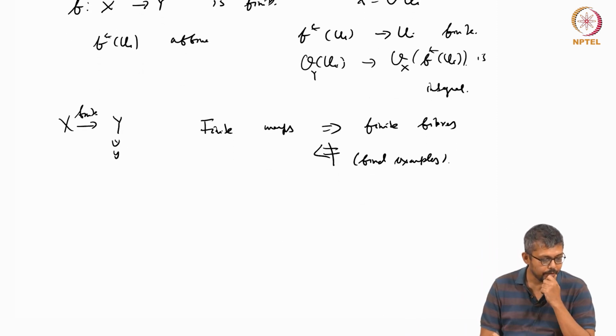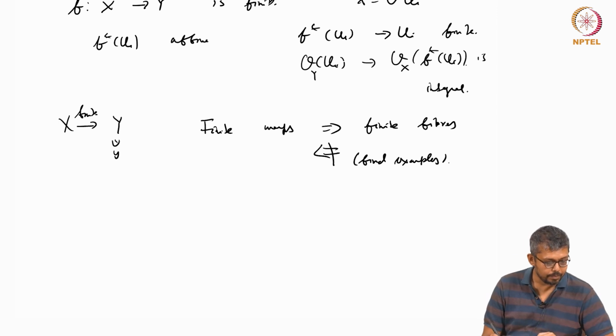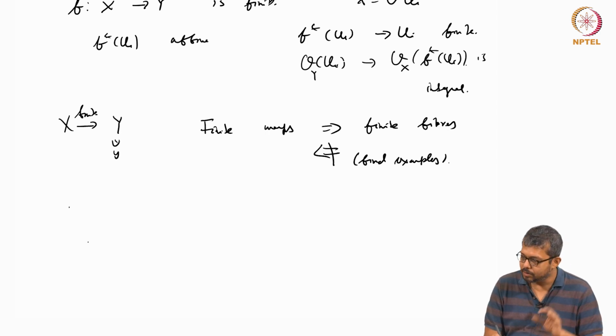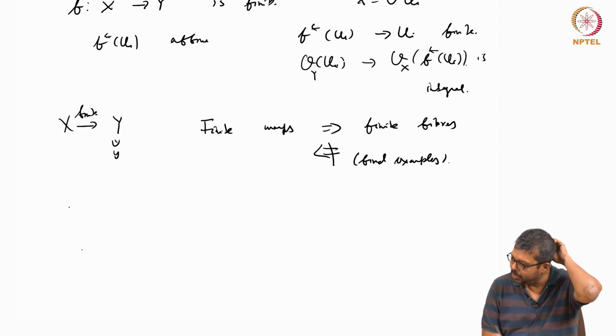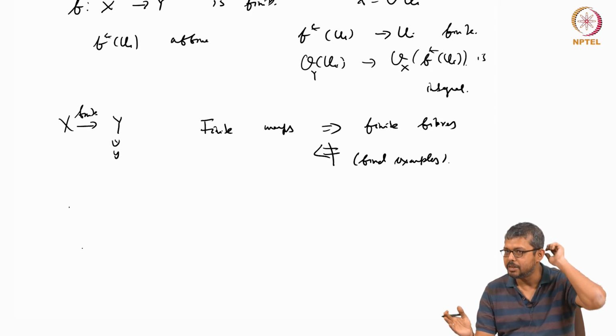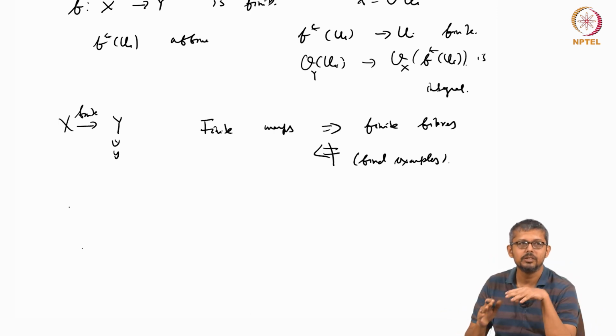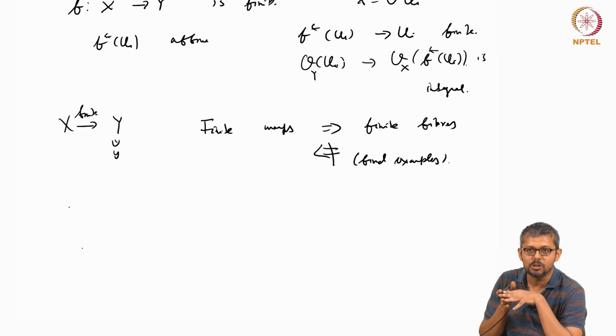Okay. Fine. So now what I am saying, this finite, because it has good properties under base change, and finite maps are also closed maps, and under base change it remains closed.